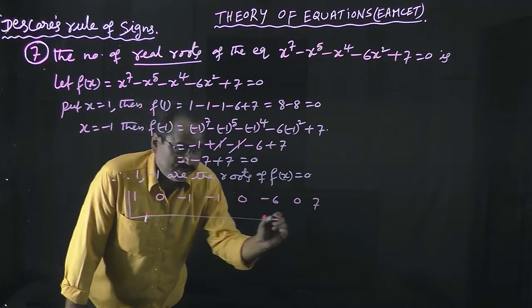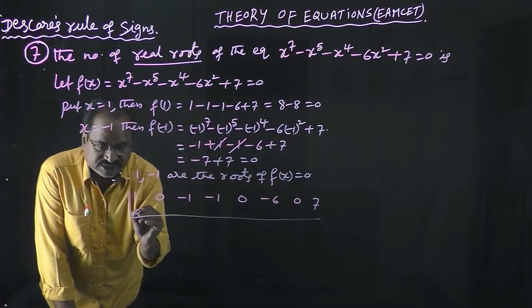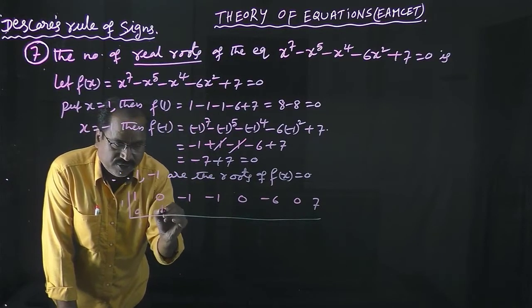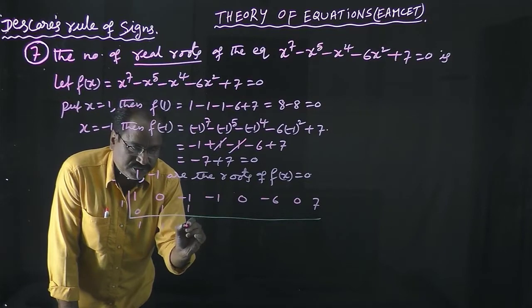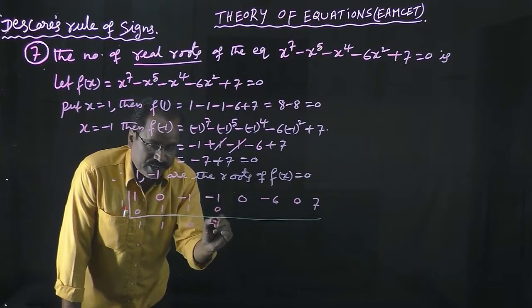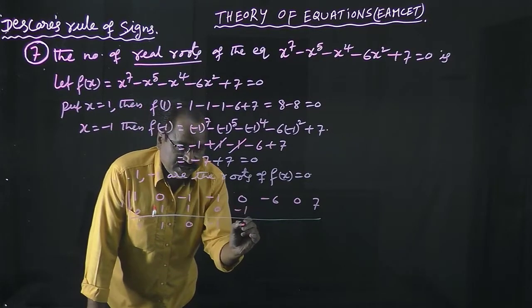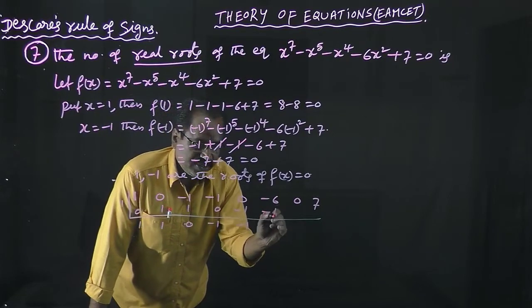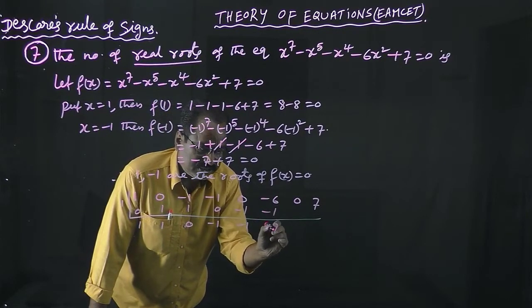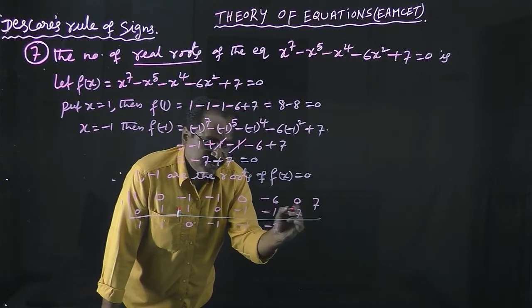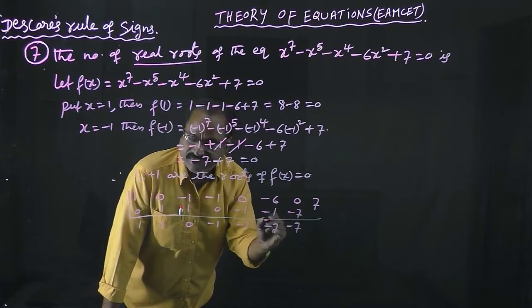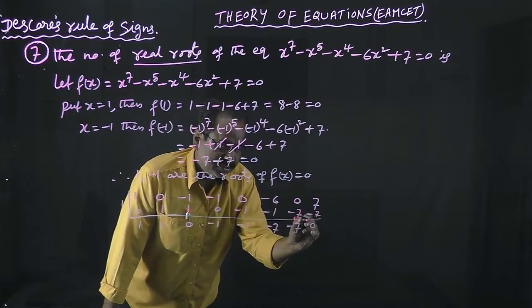So 1 is a root of f of x. 1 into 1, 1 into 1, 0, 0, minus 1, minus 1, minus 1, minus 1, minus 7, minus 7, that is equal to 0.